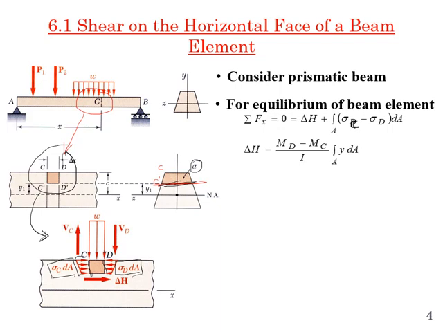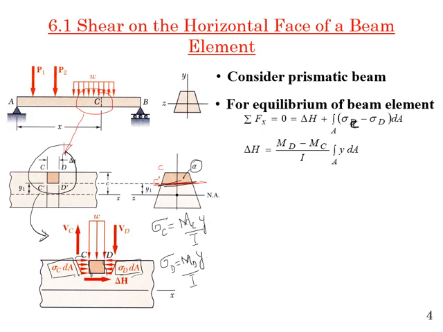Now sigma C I can write as moment at C times Y divided by I, and sigma D is the moment at location D times Y divided by I. Putting these in this equation, it becomes MD minus MC divided by I, times the integral over that area of Y dA.